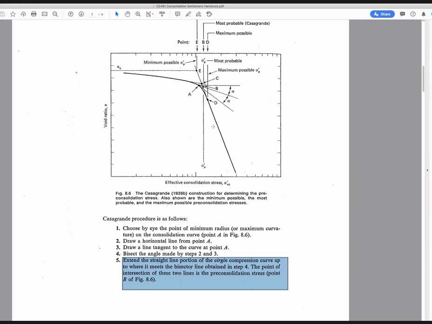You extend that backwards straight as a tangent to that portion of the curve, and where it intersects this bisector is your best estimate for preconsolidation stress. On this graphic shown as sigma prime P.